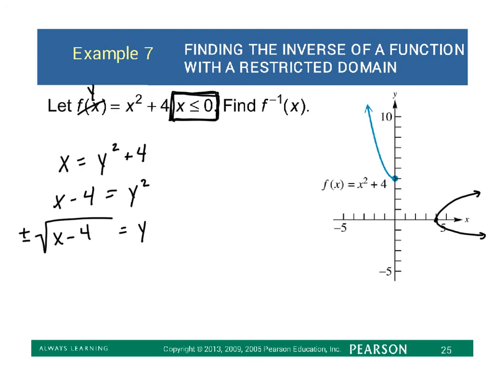So we only want the portion where y is less than or equal to 0, which is this portion down here. So it's the negative square root of x minus 4 is what we want. So f inverse of x is equal to the negative square root of x minus 4.